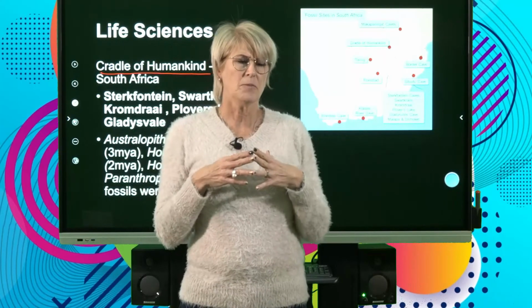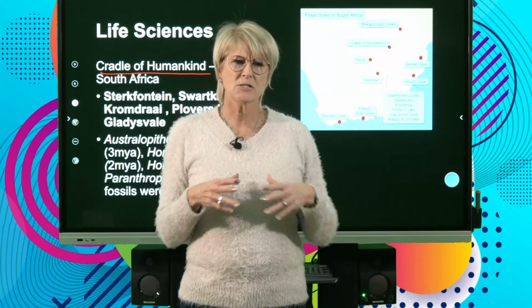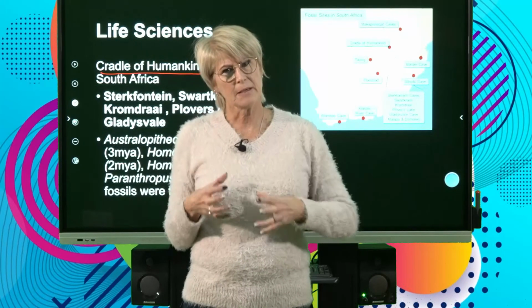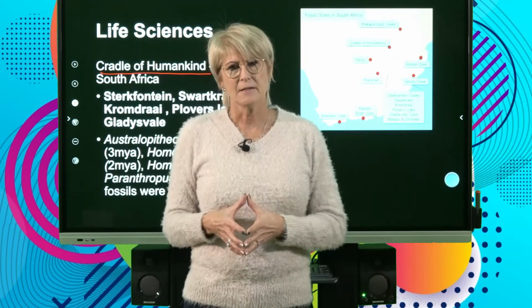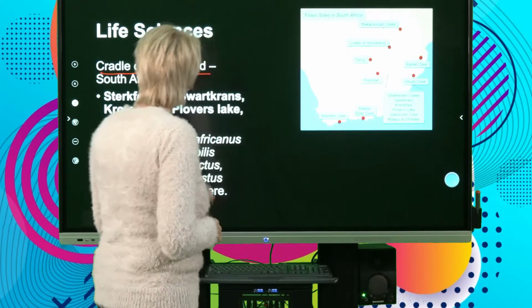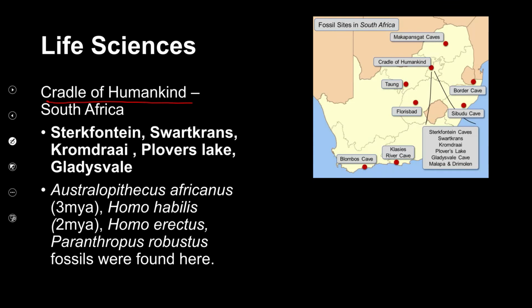So paleontologists, scientists, and biologists from all over the world come here to study the fossils that have been found at the Cradle of Humankind. The Cradle of Humankind has quite a few fossil sites, or caves, or areas where fossils have been found.